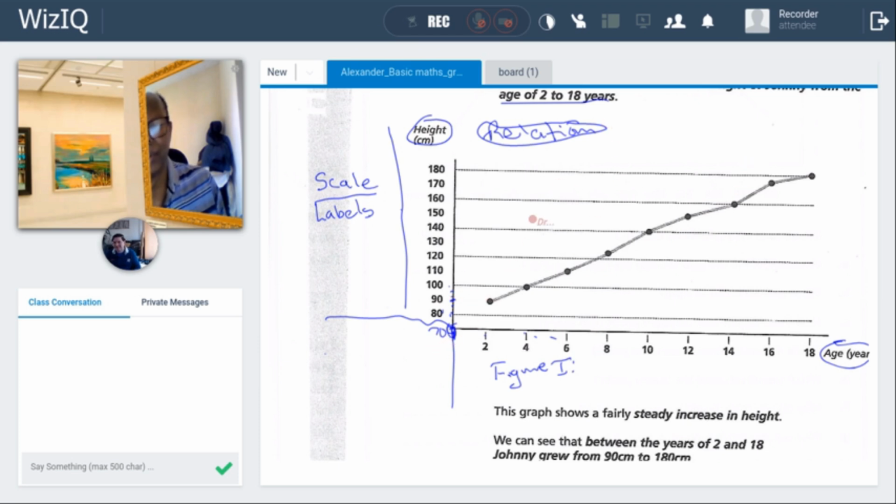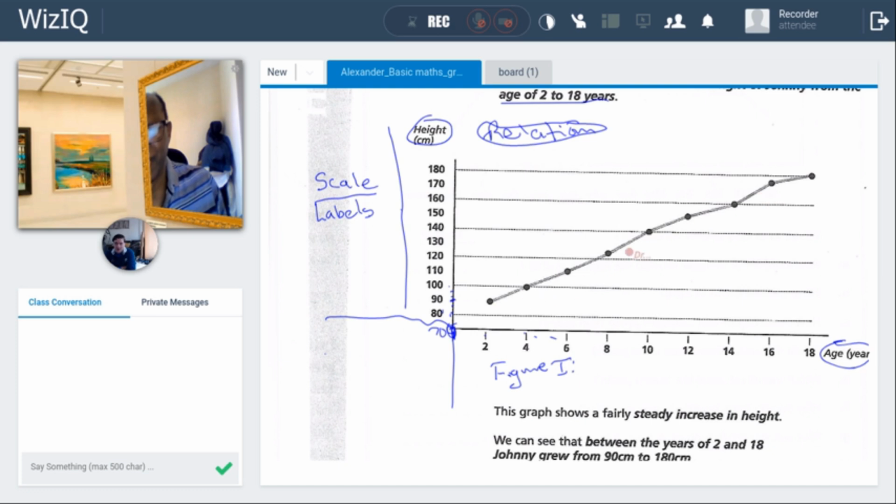So they can ask you, what's the percentage increase in the height here? How do you work it out now that you have done percentages? Where would you start? Would you start at 70? No, look at the age.